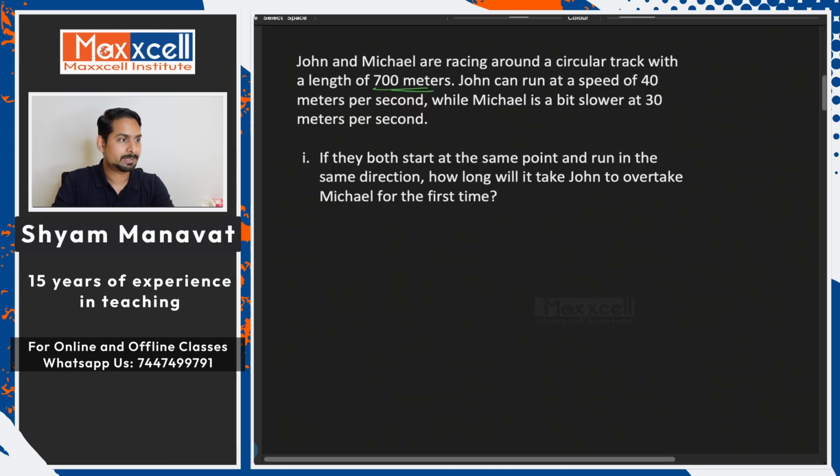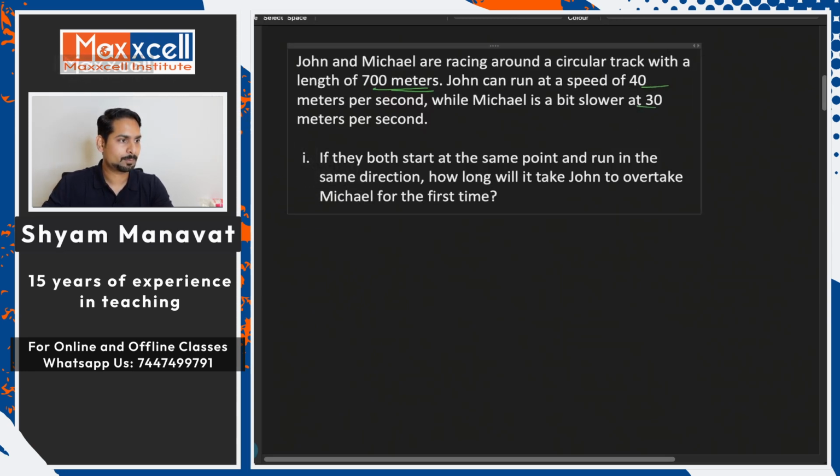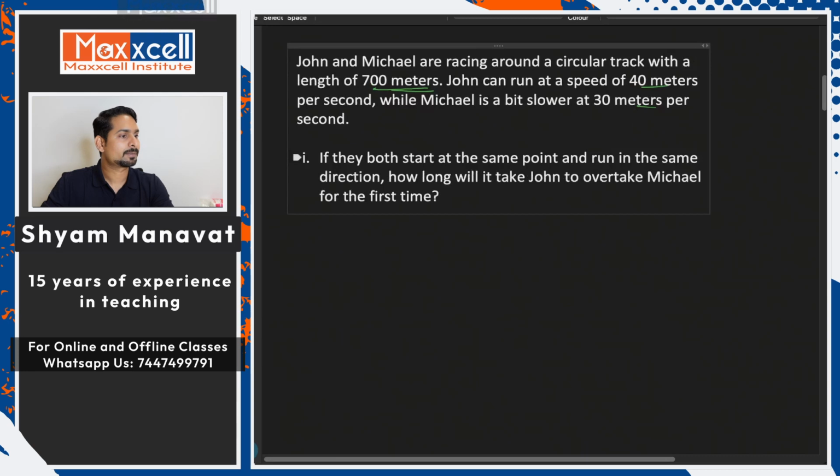John can run with a speed of 40 meters per second, whereas Michelle runs at 30 meters per second. Then what do we need to find out? If they both start at the same point and run in the same direction, how long will it take John to overtake Michelle for the first time?